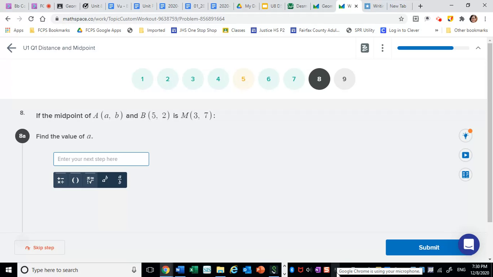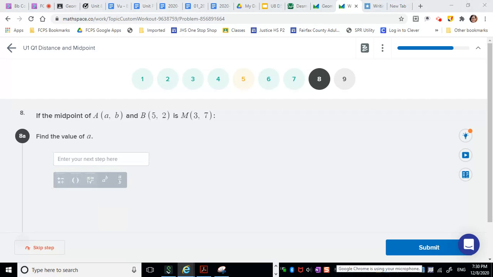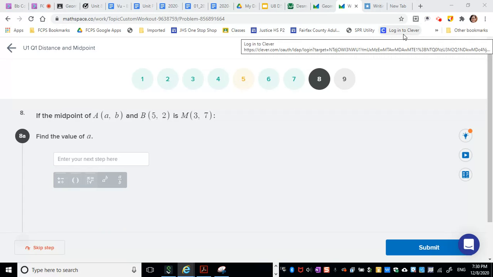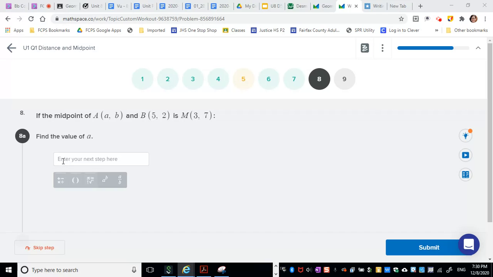The formula says 3, which is the midpoint x, equals A, which is the x coordinate of point A, plus 5, and then divide by 2.